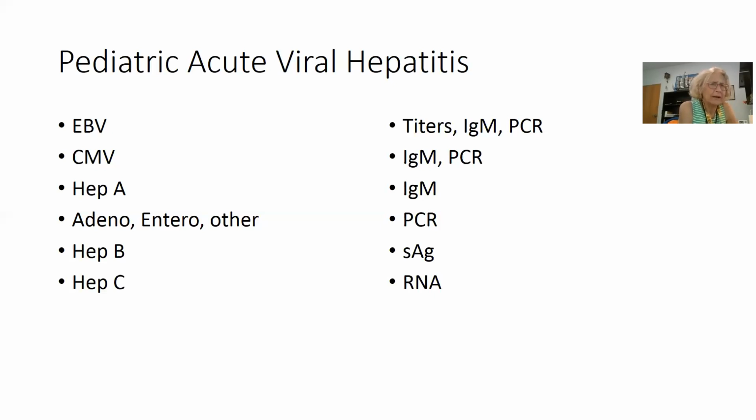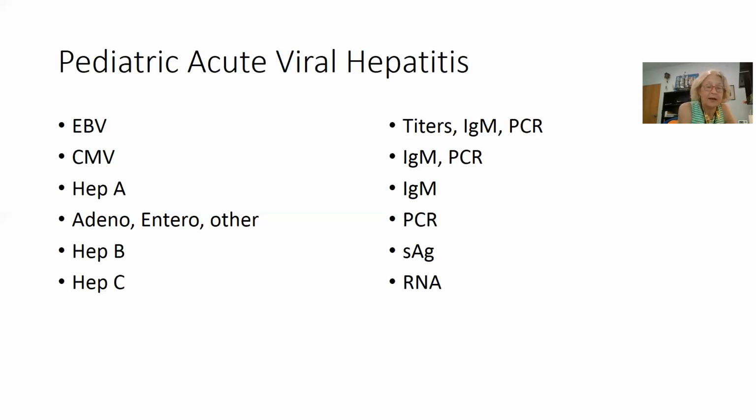We tend to only follow PCR in immune suppressed kids because we don't really know what to do with different levels in the normal population, and their PCR may be positive for a long time after it's not really that virus that is causing the issue.